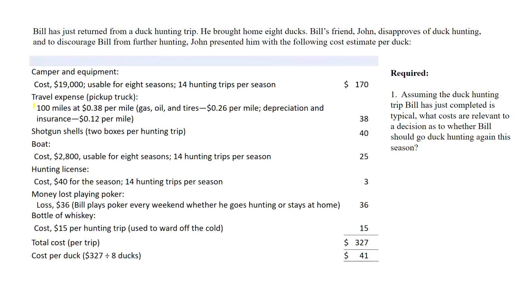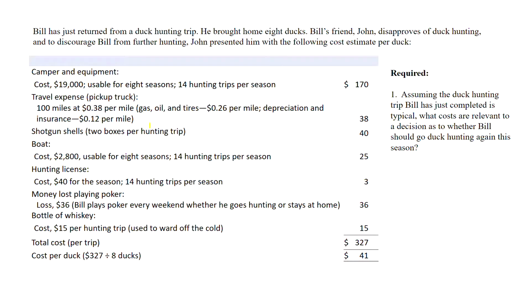Next, we have the travel expense for Bill's pickup truck. So he mentioned that it's about 100 miles, I guess, round trip at 38 cents per mile. And how John came up with that calculation is 26 cents of it was for gas, oil, and wear and tear on the tires. And an additional 12 cents of that 38 cents was for depreciation and insurance.